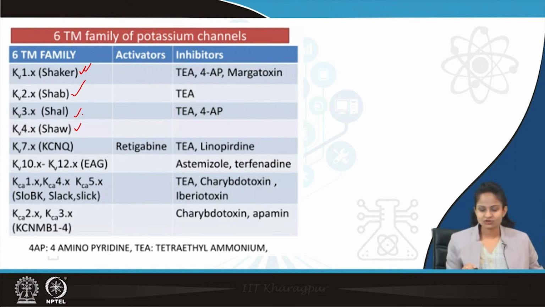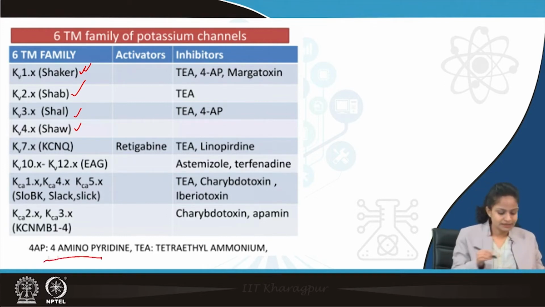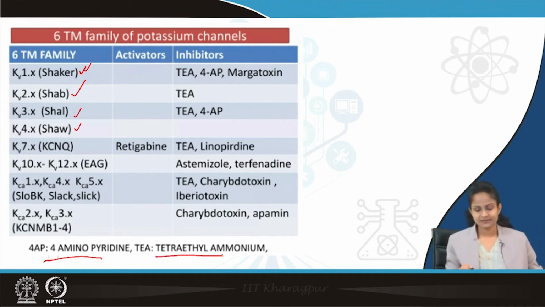These are various types of potassium channels. The main important thing is the blockers of the voltage gated potassium channels, number 1 4-aminopyridine, 4-AP, and TEA, that is tetraethyl ammonium. These two important blockers you have to remember, tetraethyl ammonium and 4-aminopyridine.